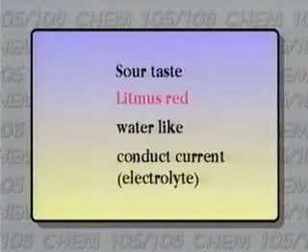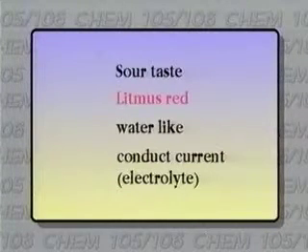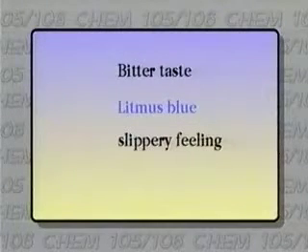Another group of chemicals that was noticed, when we put them into solution, had a bitter taste, and turned litmus blue instead of red. They had a slippery feeling to the solution.